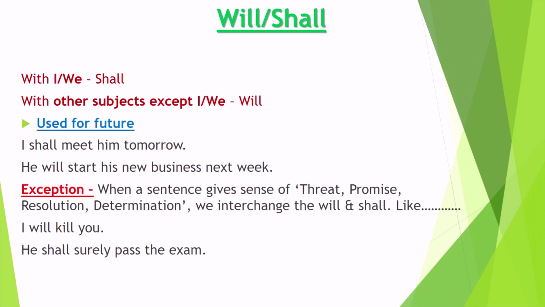In that situation the helping verbs are interchanged with the subject. That means with I and we use will, and with other subjects we use shall. Like the example, I will kill you, he shall surely pass the exam. So I will kill you gives the sense of threat, and he shall surely pass the exam shows determination. Due to these 4 conditions, the helping verbs change with the subject.